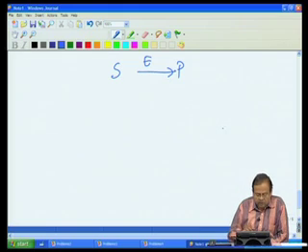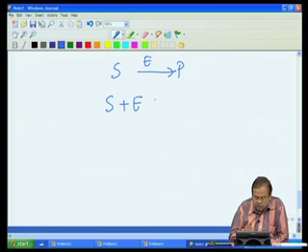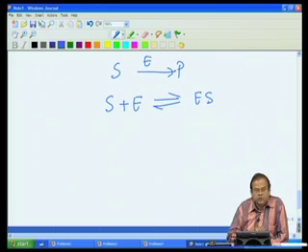The first statement said S binds with E rapidly and reversibly. How do we put rapidly? We can't put rapidly, but we can put information reversibly. That means, this is a reversible reaction giving rise to a complex ES.